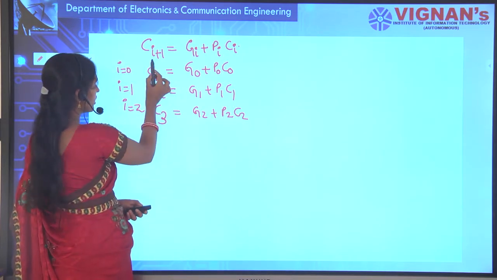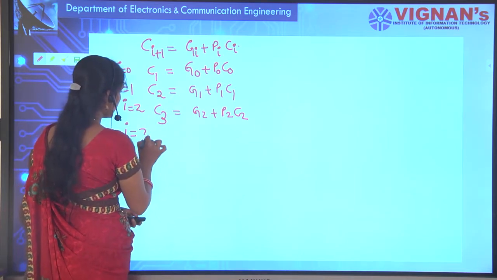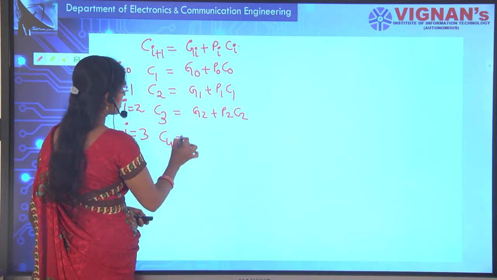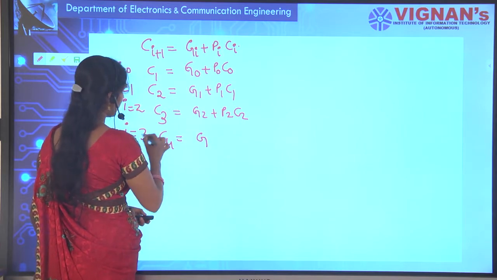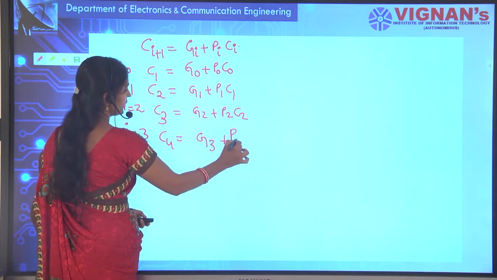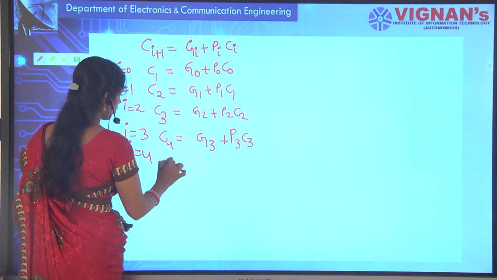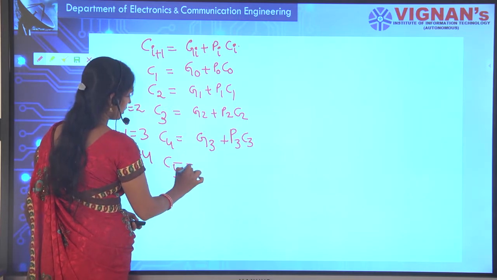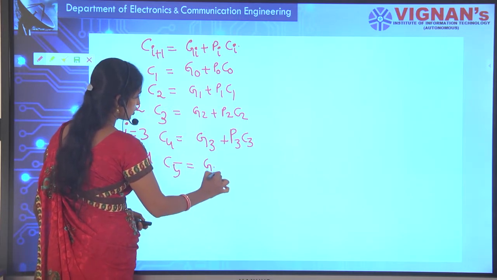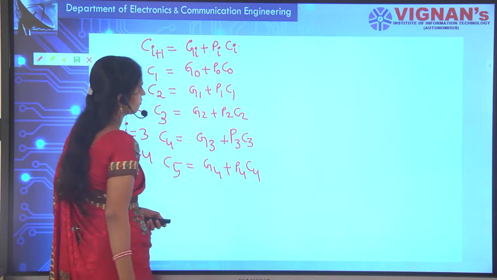Right, I am just substituting in place of i. If i is equivalent to 3, C4 is equivalent to G3 plus P3 into C3. If i is equivalent to 4, C5 is equivalent to G4 plus P4 into C4.